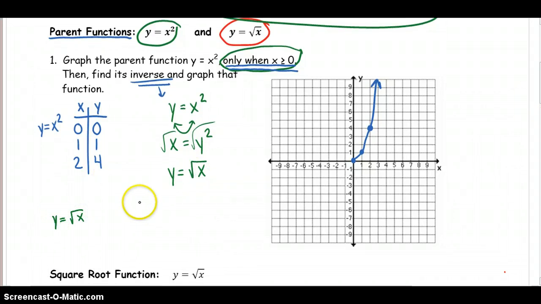I'm going to graph it the same way we graphed the quadratic function, with a table. Okay, but it's actually going to be even easier this time, because remember, with inverses, the output of our original function is actually just the input of our inverse. So I can just plop those numbers down right there.